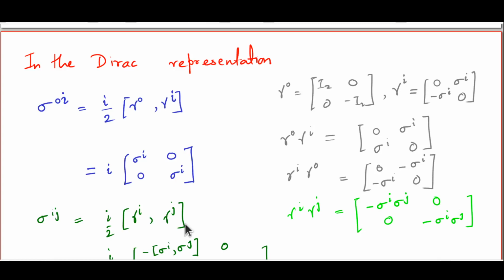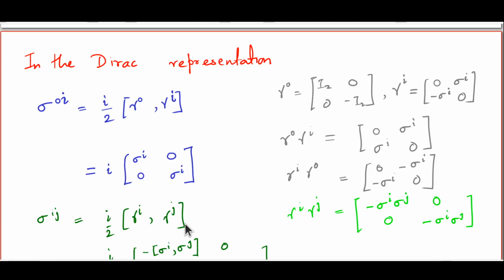On the other hand, if both the indices involved are spatial indices, that is σ^{ij}, where i and j run from 1 to 3, it is very easy to do the same calculation and to show that γ^iγ^j is (−σ^iσ^j, 0; 0, −σ^iσ^j).